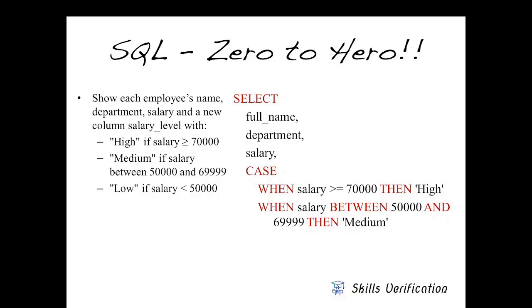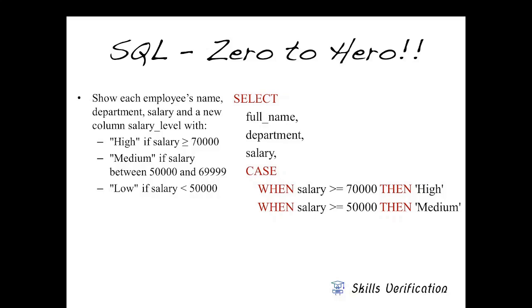They all actually mean the same thing. The most efficient is just to use when salary greater than or equal to 50,000, then medium. You don't really need to specify the 69,999 because the first when statement actually accounts for it.